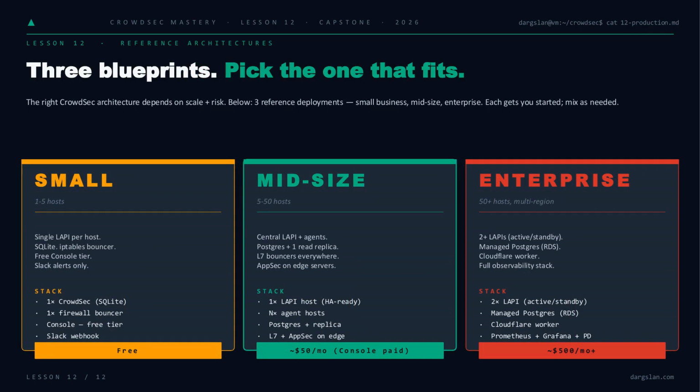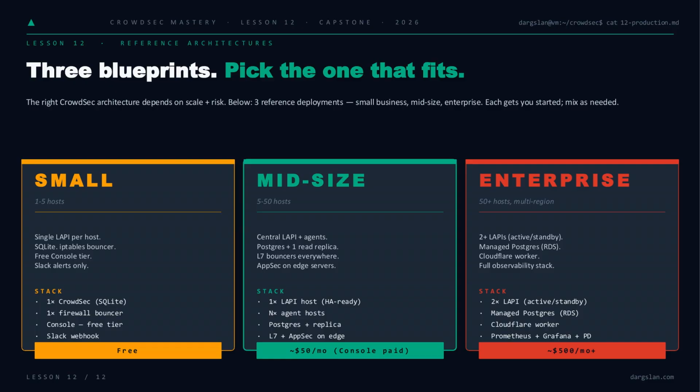Now, what does that 30-item checklist actually look like in the wild? 3 shapes depending on your scale. Small, 1 to 5 hosts, single LAPI, SQLite, iptables bouncer, free console, Slack for alerts. Costs you nothing. Mid-size, 5 to 50 hosts, central LAPI with agent fleet, Postgres plus a read replica, L7 bouncers and AppSec at the edge.